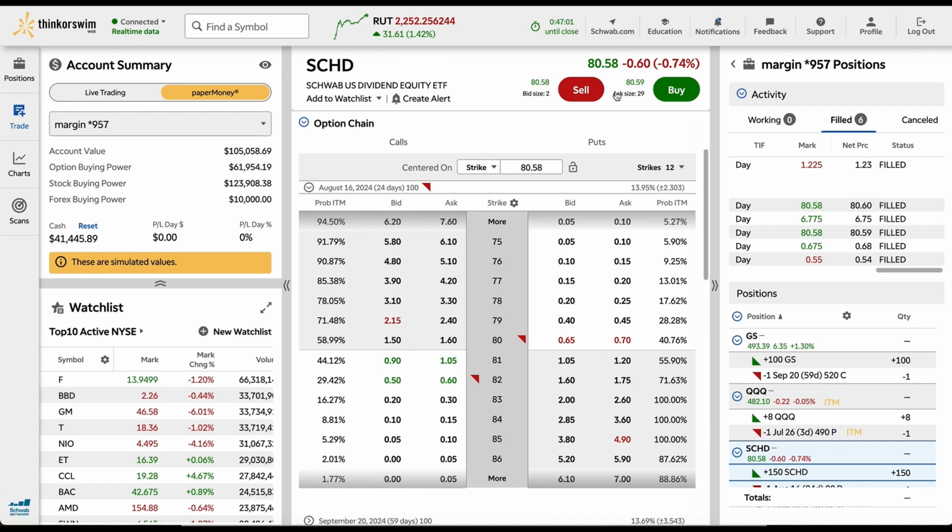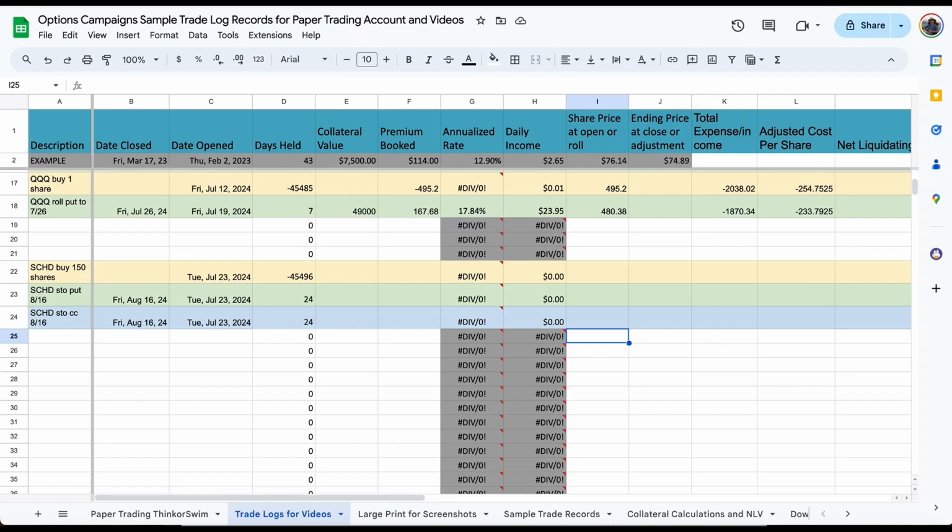So $80.59 a share, times 150 shares. So I spent $12,085.50. I sold a put with a strike price of $80.